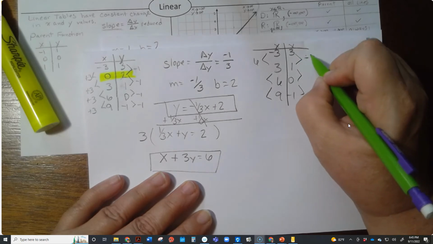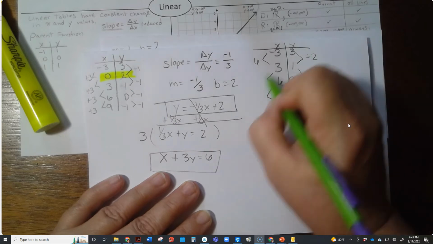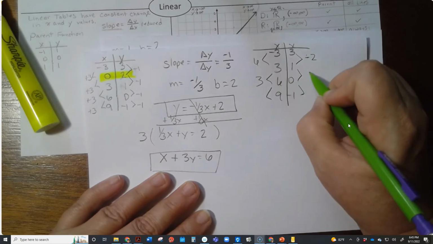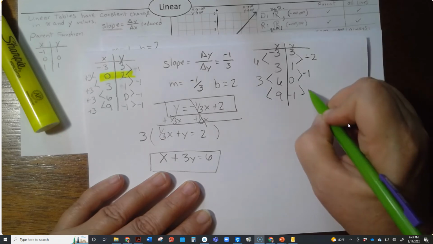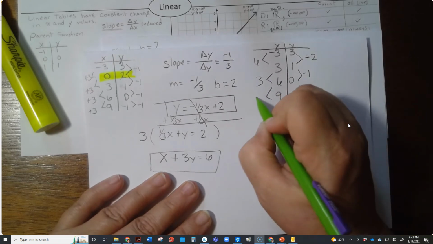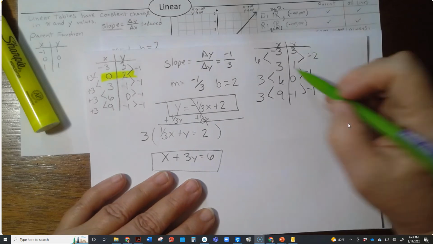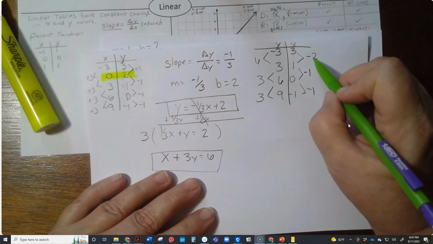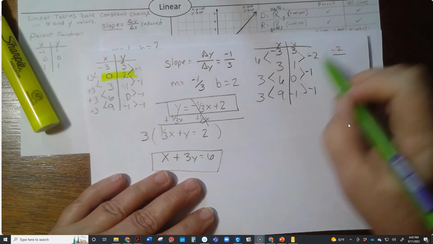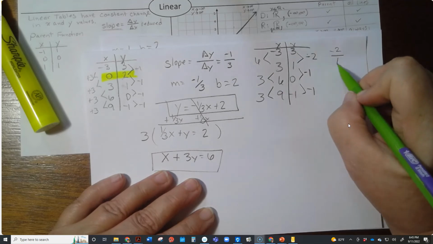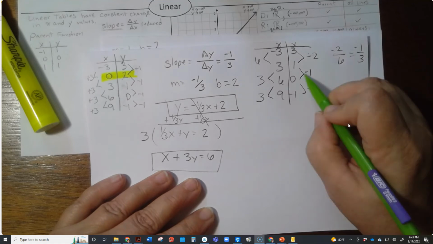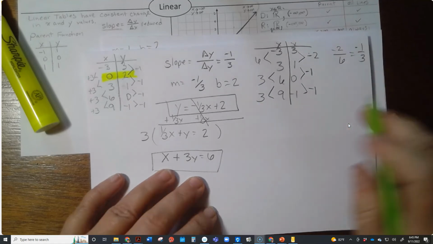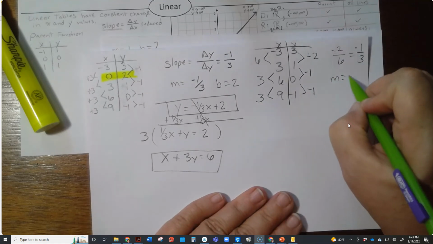That's negative 2. This is a change of 3. Minus 1. This was a change of 3. So we would have seen right here the change in y, negative 2, over the change in x, which is 6, that reduces down to negative 1/3. And we got negative 1/3 right there. So we still would have got the slope to be negative 1/3.